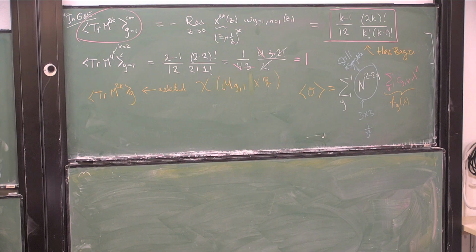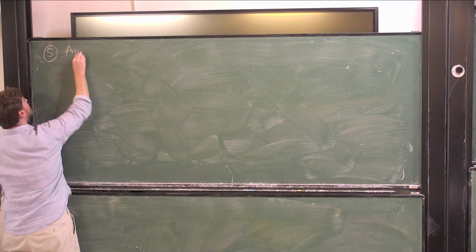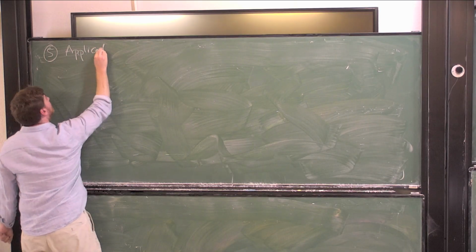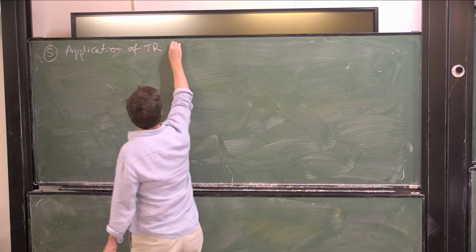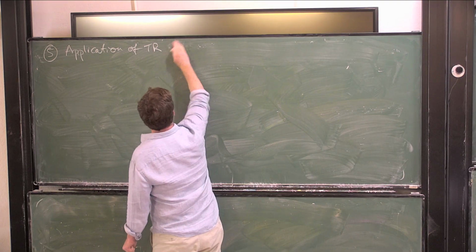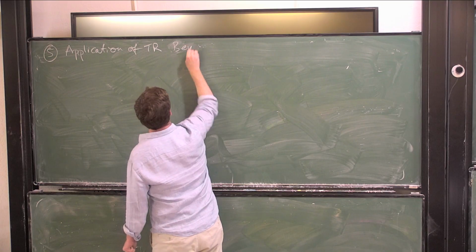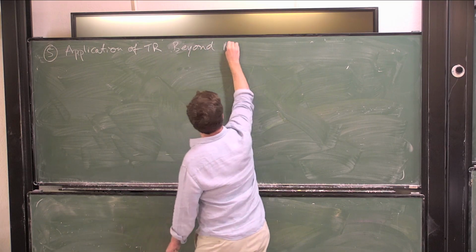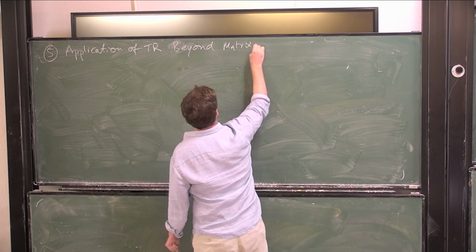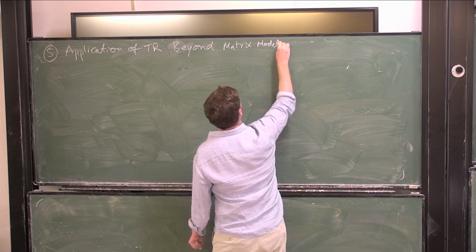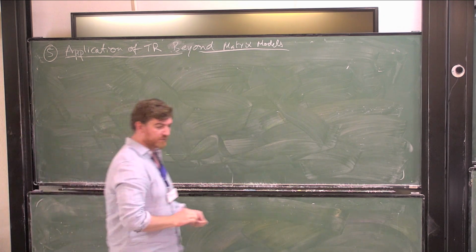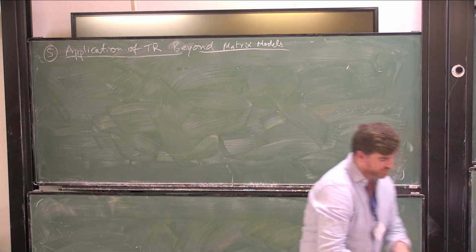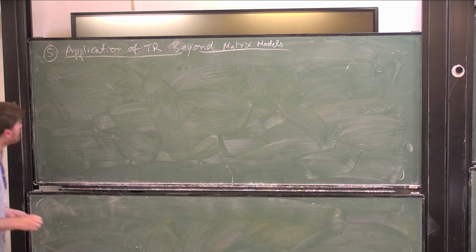Now we're going to talk about applications of topological recursion beyond matrix models. Maybe as the very last one, I'll tell you about how this connects to work I've been doing in the last few years.